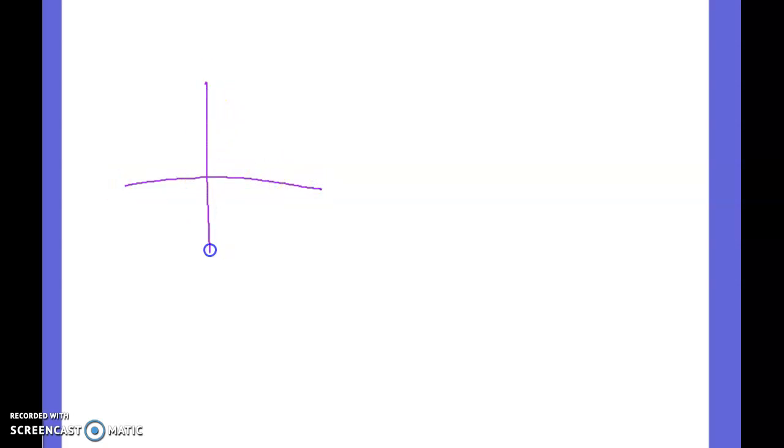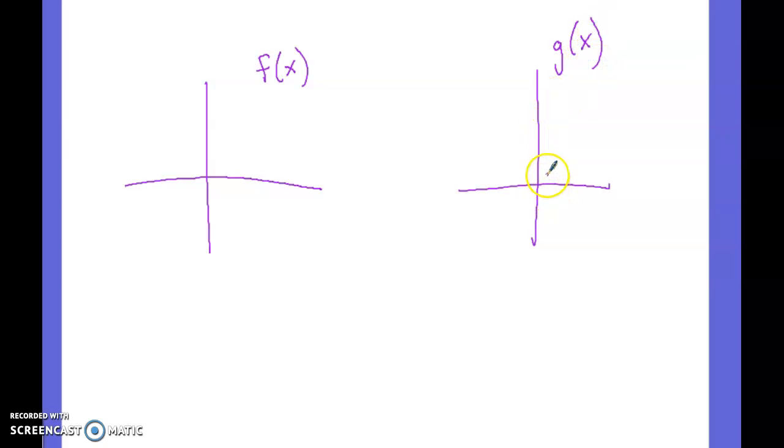let's call this f of x, and let's call this g of x. Let's look at the limit as x approaches 3, because I just want a random value, of f of x times g of x.